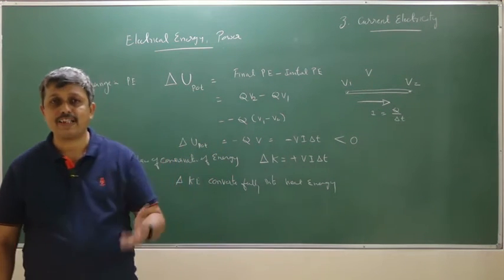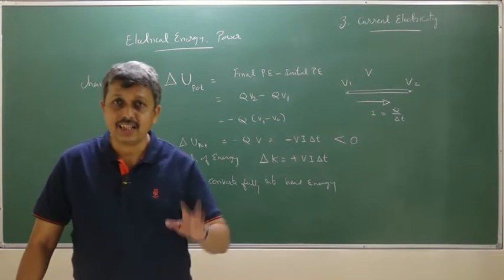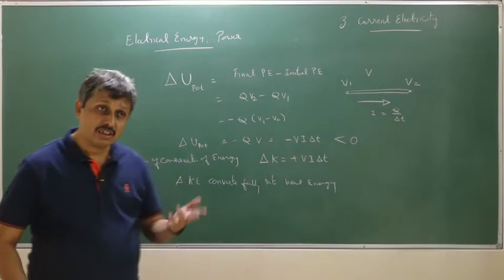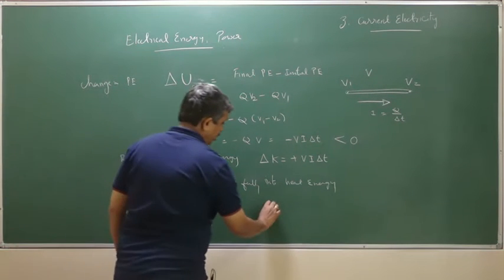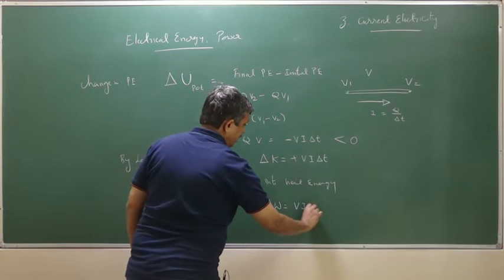If you want to light up a lamp, you send current through it, and the energy is converted into heat energy. So the total work done, delta W, is nothing but V into I into delta T.